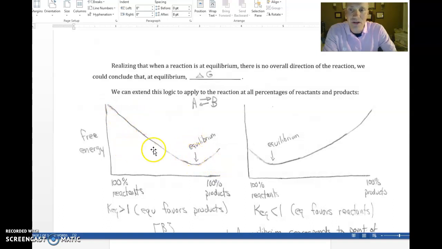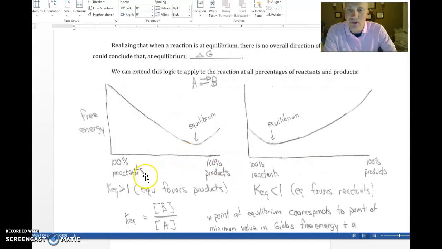So how does that relate to free energy? That's going to be where you have a minimum value. But notice that there's a difference between these two graphs. Here, that equilibrium position is more towards the product side, and here that equilibrium position is more towards the reactant side.